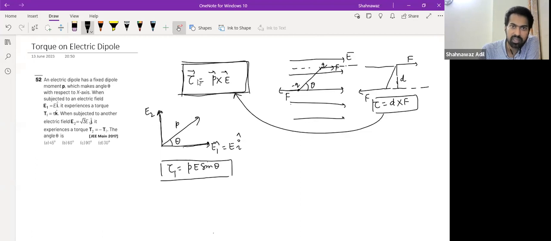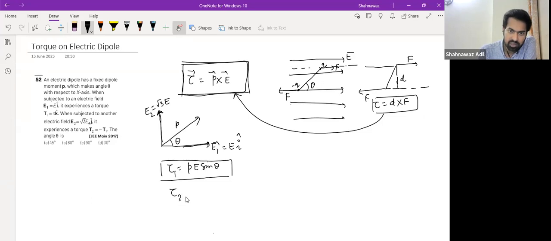So this electric field is in the y direction and its magnitude is root 3 E.